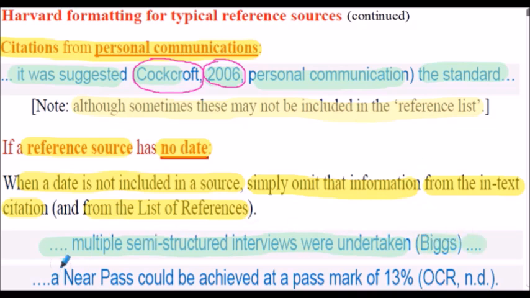And a second extract here, a near pass could be achieved at a pass mark of 13%, OCR, no date. So note in the first extract the author's name is stated, no date. In the second extract the institutional authorship is stated, it's an awarding body, and then the letters ND are stated to mean no date.